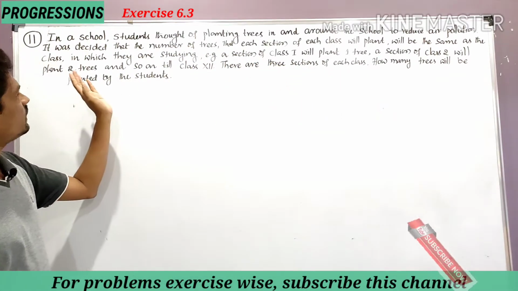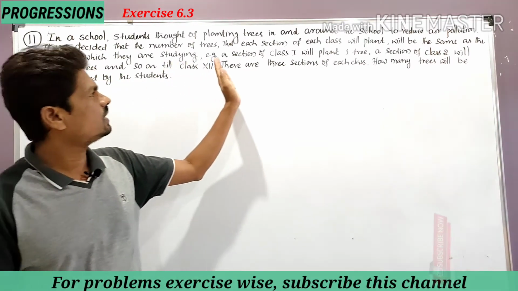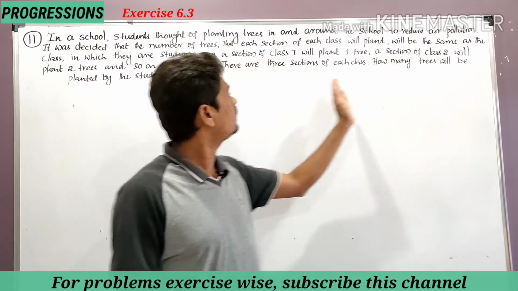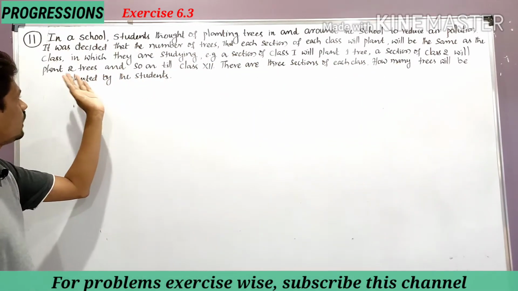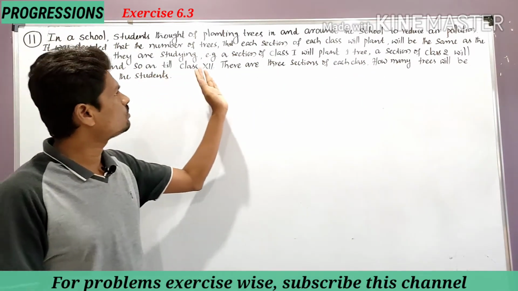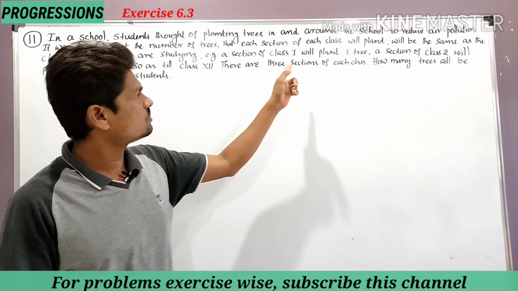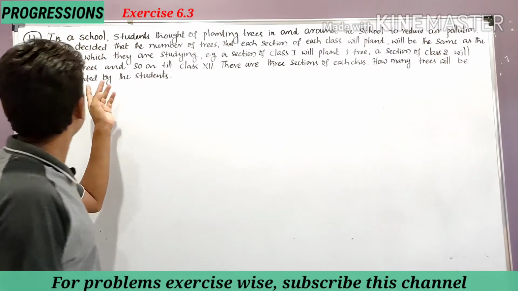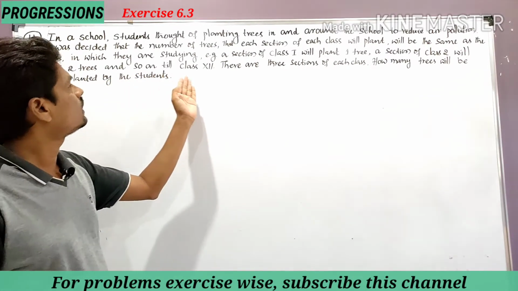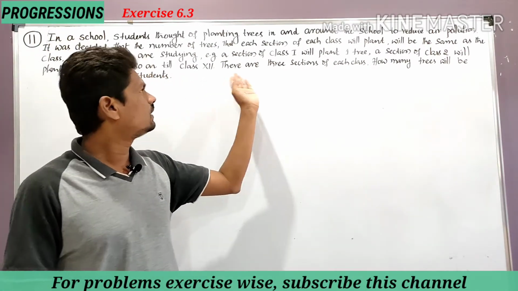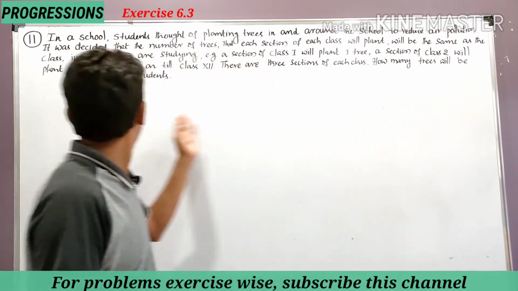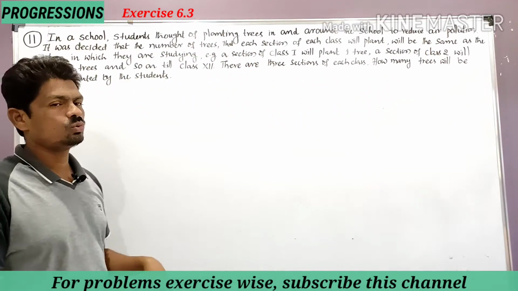It was decided that the number of trees that each section of each class will plant will be the same as the class in which they are studying. For example, a section of class 1 will plant 1 tree, a section of class 2 will plant 2 trees, and so on till class 12. There are 3 sections of each class. How many trees will be planted by the students?